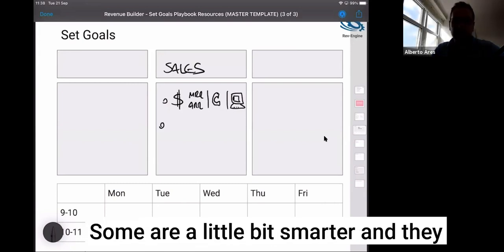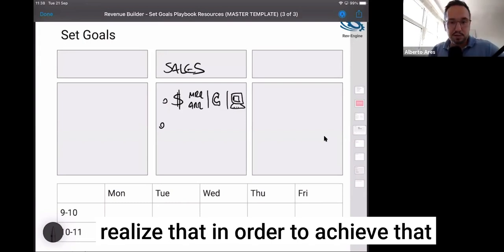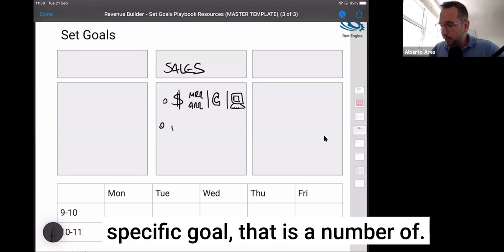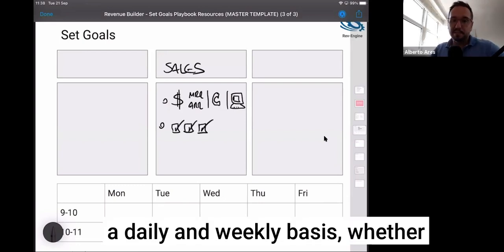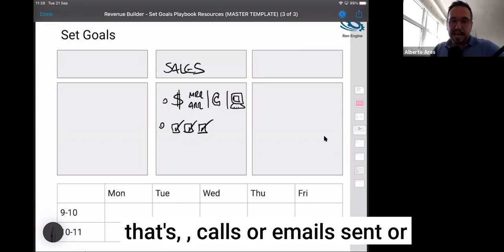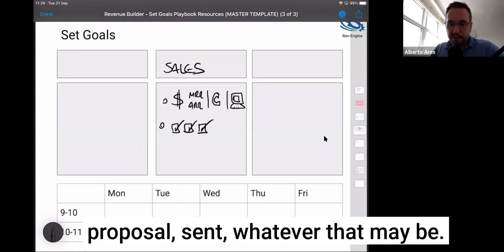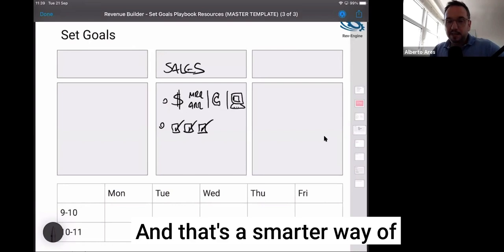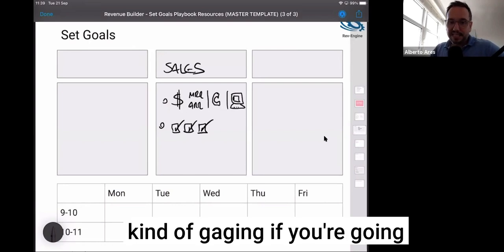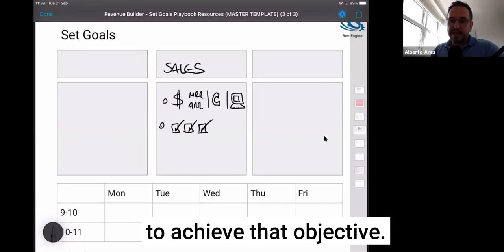Some are a little bit smarter and they realize that in order to achieve that specific goal, there is a number of activities that you need to do on a daily and weekly basis, whether that's calls or emails sent or proposals sent, whatever that may be. And that's a smarter way of gauging if you're going to achieve that objective.